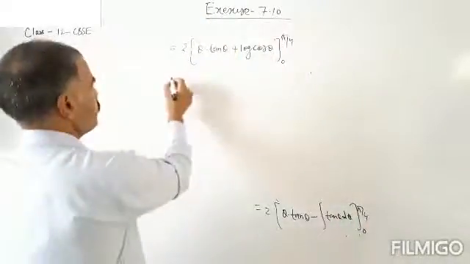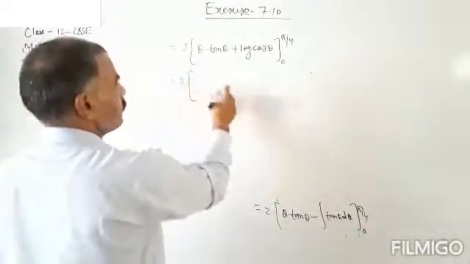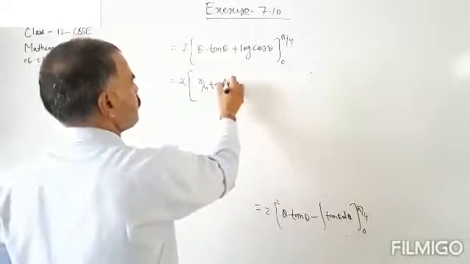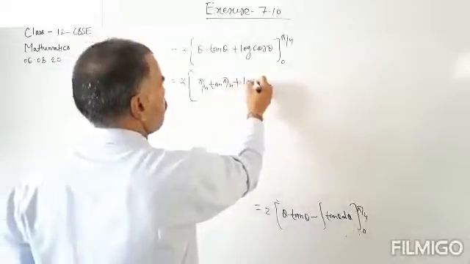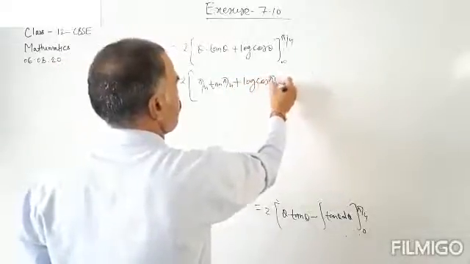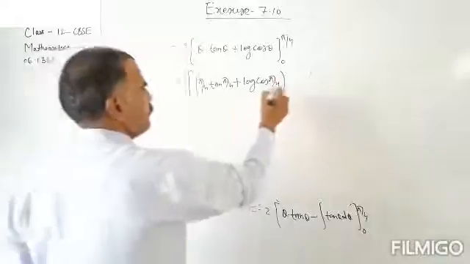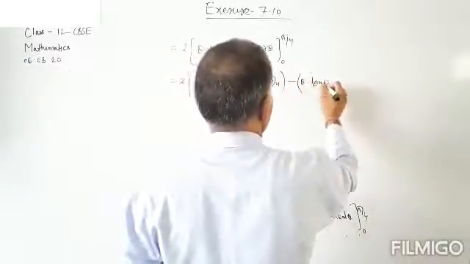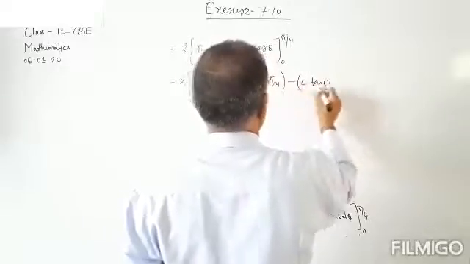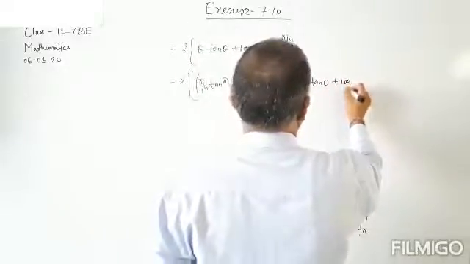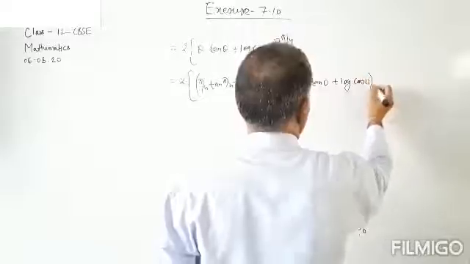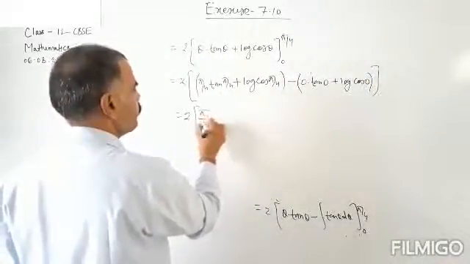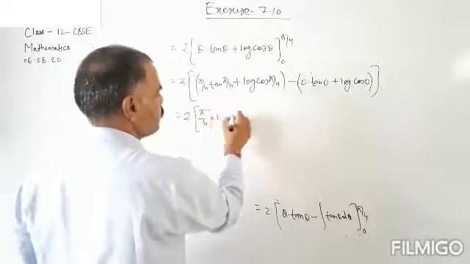So this equals 2 into upper limit, that is pi by 4 tan pi by 4 plus log cos pi by 4, minus lower limit, 0 multiplied by tan 0 plus log cos 0. So this equals 2 into pi by 4, and the value of tan pi by 4 is 1.